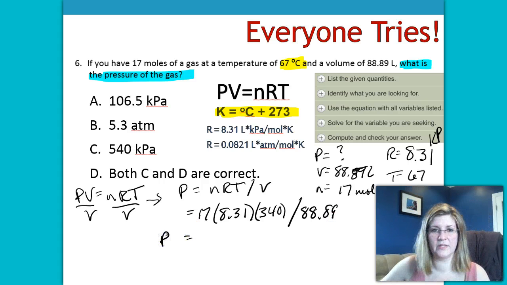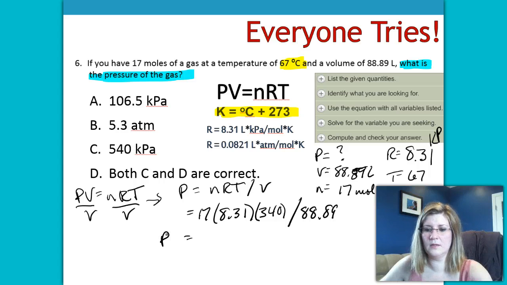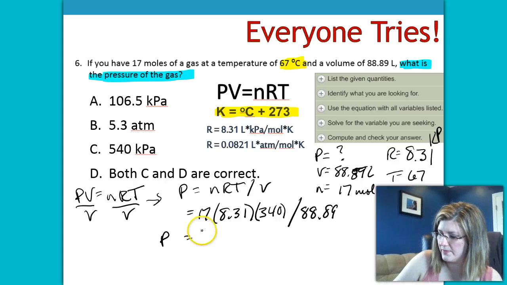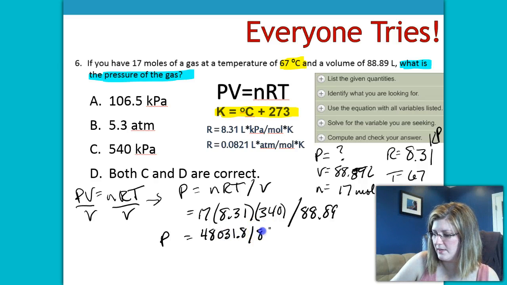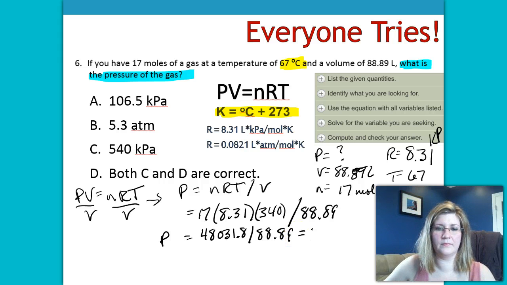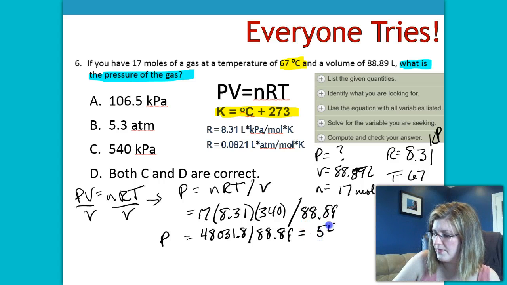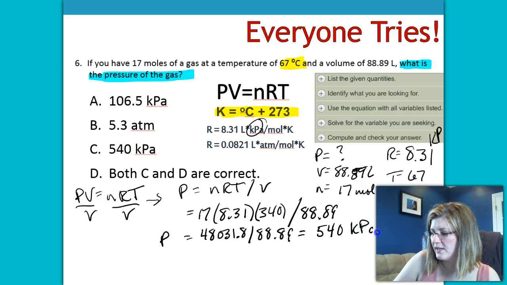And that pressure then works out to be, pardon the time it takes for me to do this, but I like to do it with you. We have 48,031 on the top and 88.9 on the bottom. 540. And this was in units of kilopascals, so our answer is going to be in units of kilopascals.